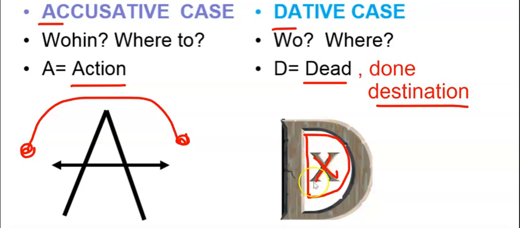So once you're inside the letter D, you're kind of trapped, meaning that's where you're at. You have a location. You are done with your action, or you are at your destination. So the letter D could mean you've stopped dead in your tracks, or it's a dead end, right? There you are. Or you could consider it, you're done, or you're at your destination.